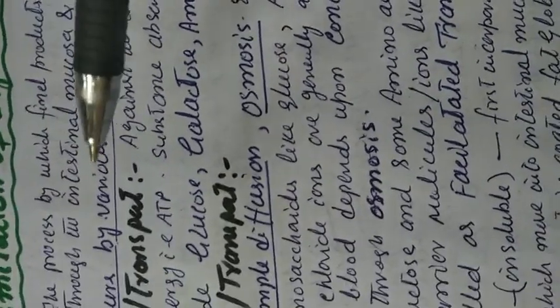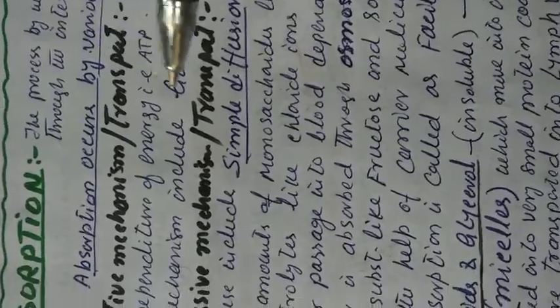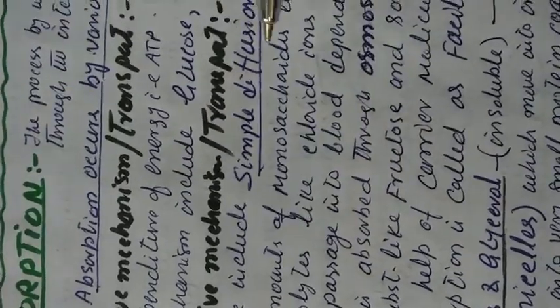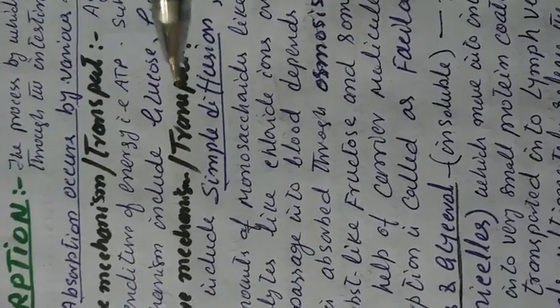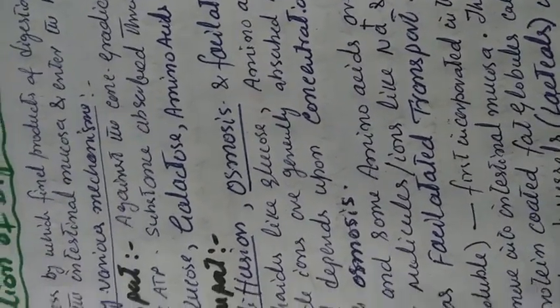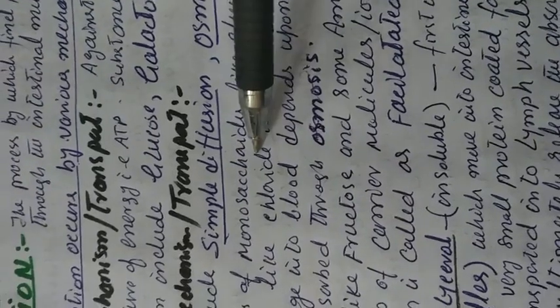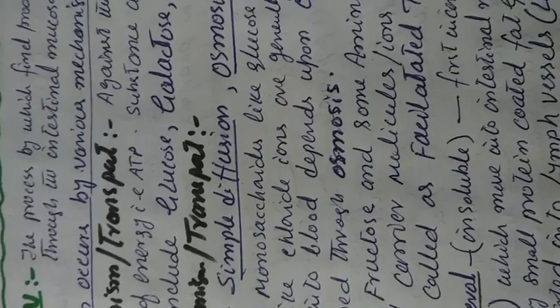Now, after active transport, the other mechanism is passive transport. Passive transport includes simple diffusion, osmosis, and facilitated diffusion. Small amounts of monosaccharides like glucose and amino acids and some electrolytes like chloride ions are generally absorbed by simple diffusion.